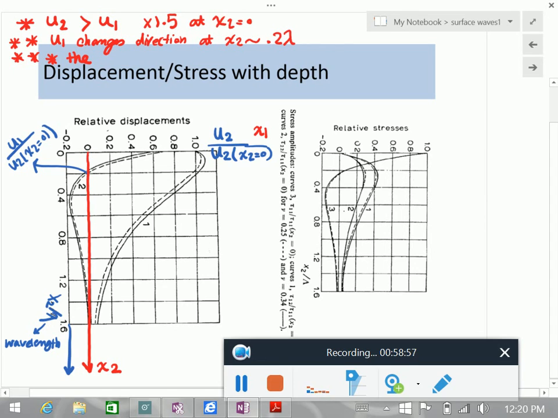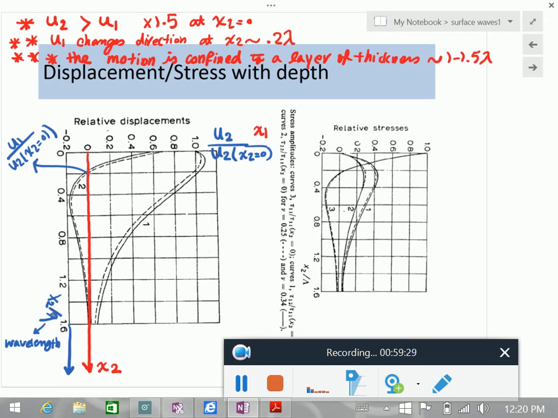I wrote a nice sentence before that the motion is basically pretty much confined to a layer of thickness, so about, let's say, 1 to 1.5 lambda. 1 lambda. I mean, it becomes very small.